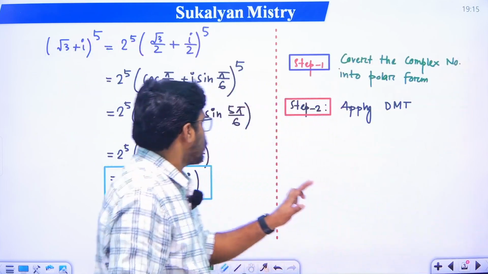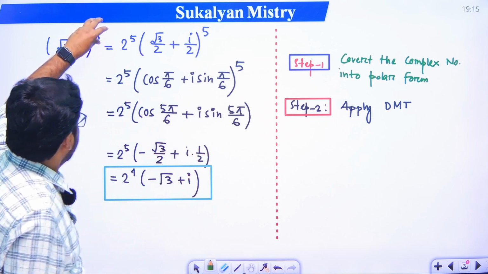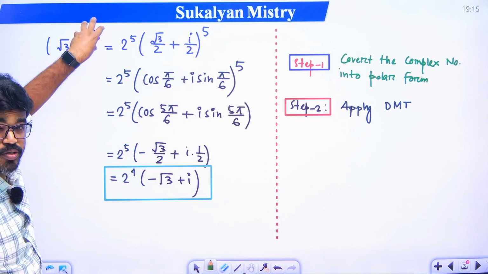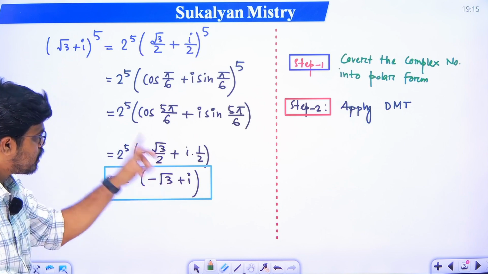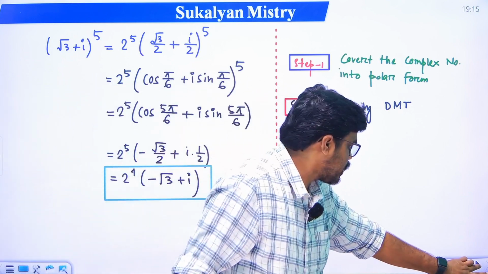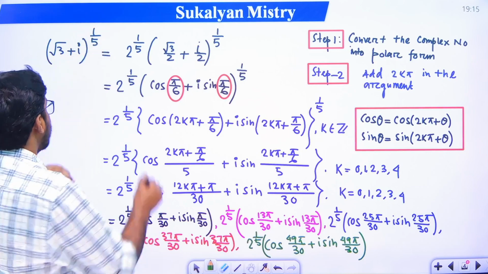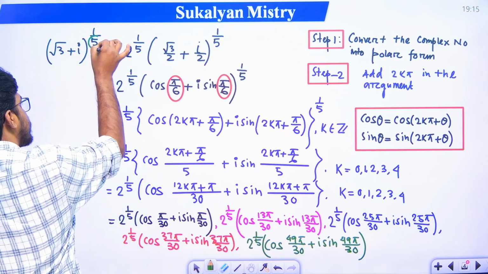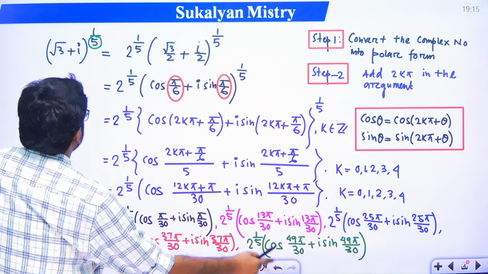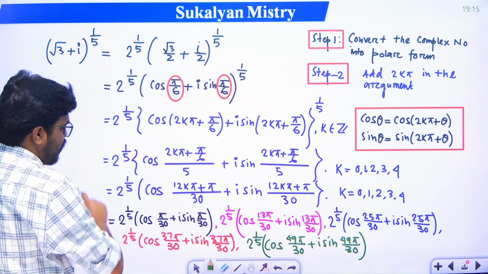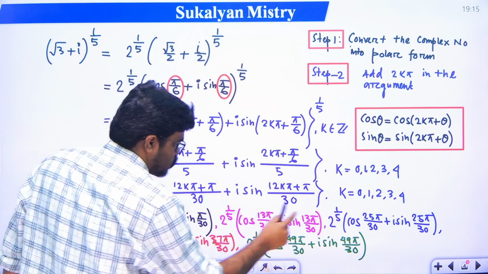So just see, when n is an integer, if the power is an integer, we get only one answer. But when n is a fraction, that is p by q, the denominator gives the number of answers. So 1 by 5, that is, we get 5 answers. Just see, these are the answers 1 2 3 4 5.